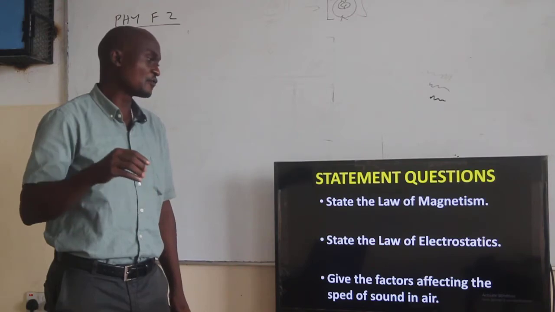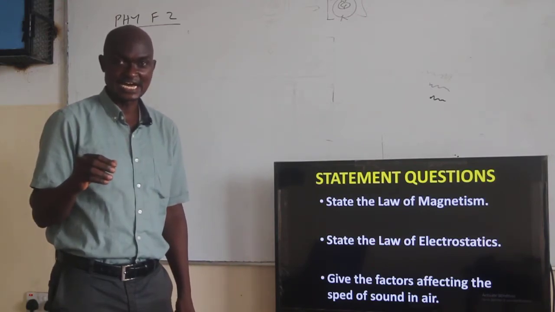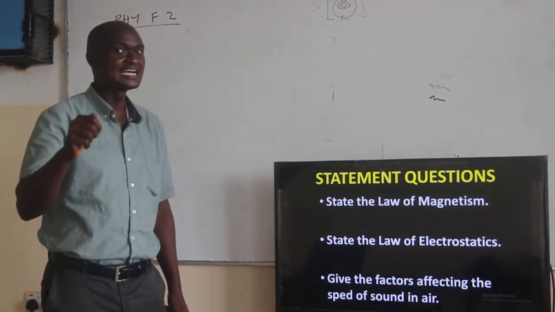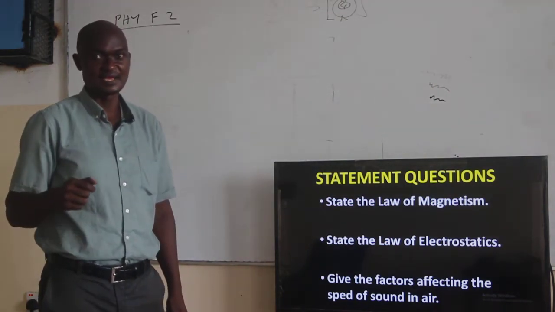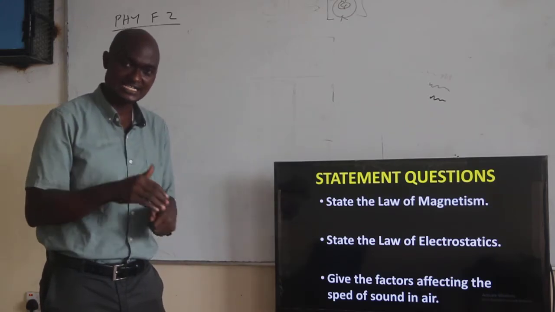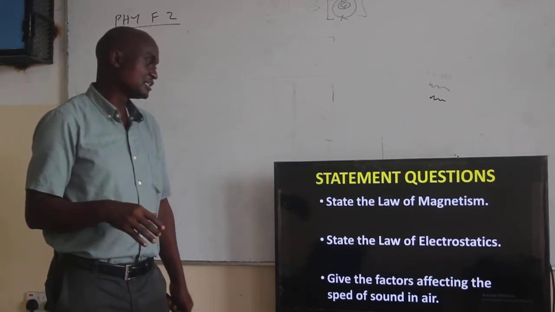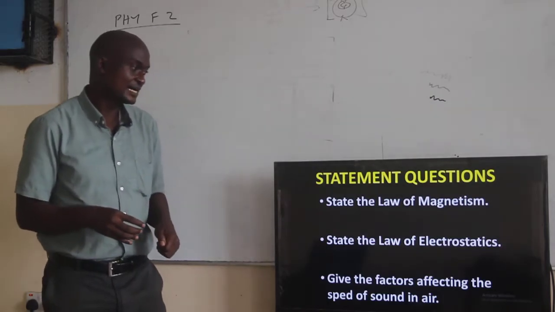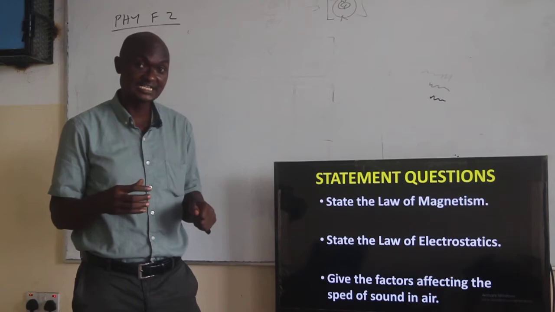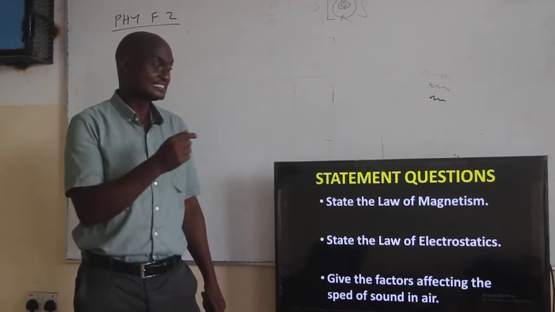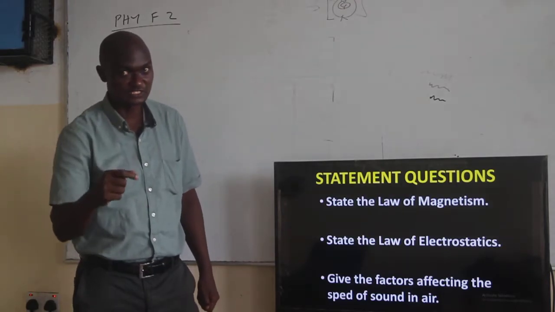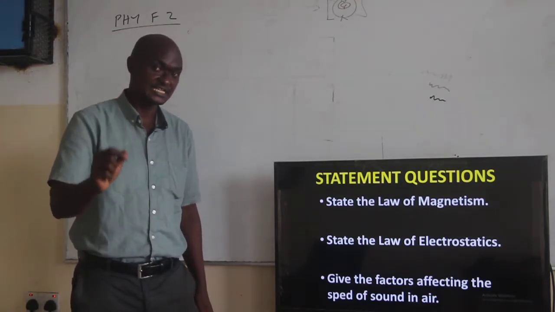So the statement for electrostatics is that like charges repel, while unlike charges attract. If you bring 2 objects close to each other, and the objects are both positively charged or are both negatively charged, they will repel just like magnets repel, because of similar charges, not similar poles, similar charges.